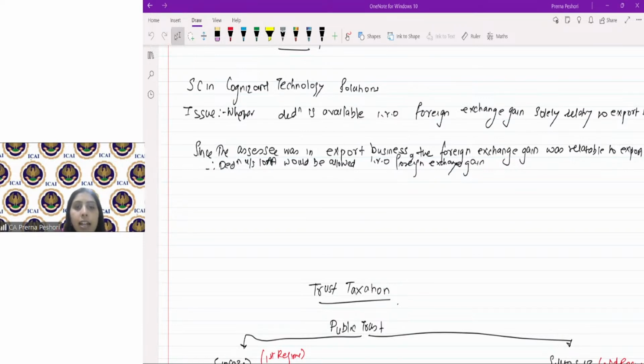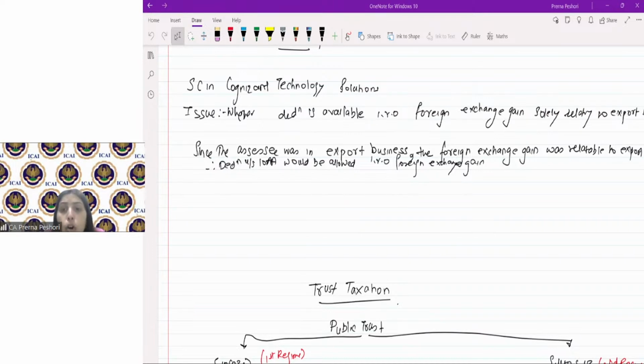What did Supreme Court hold? Supreme Court held that in order to allow the deduction under 10AA, we need to see whether the foreign exchange gain which is earned by the assessee is derived by virtue of the export made by the assessee.